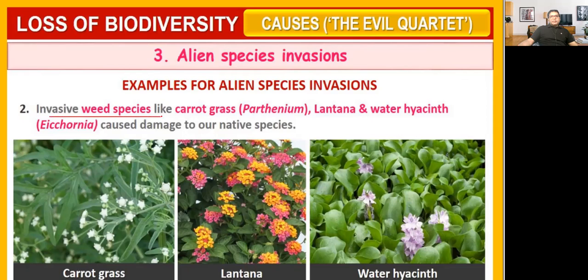Invasive weed species like carrot grass, known as Parthenium, Lantana and water hyacinth, also known as Eichhornia, caused damage to our native species.